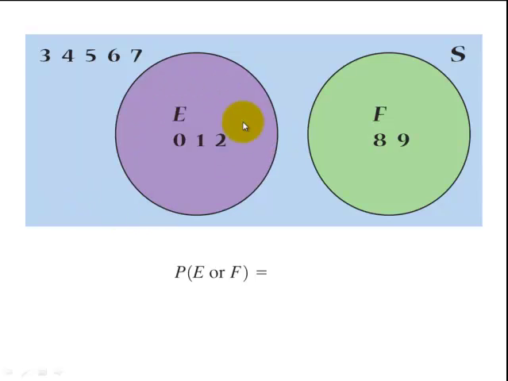This is the outcomes for event E, and this is the outcomes for event F. As we can see, these are disjoint. If we wanted to find the probability of event E or event F happening, we would first find the probability of E, which would be 3 out of 10. And event F happening would be 2 out of 10. We simply add these up and we get 5 out of 10, or 1/2.